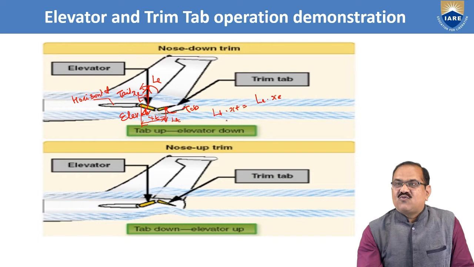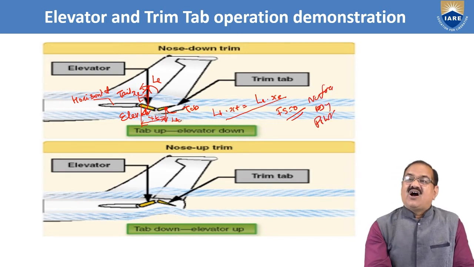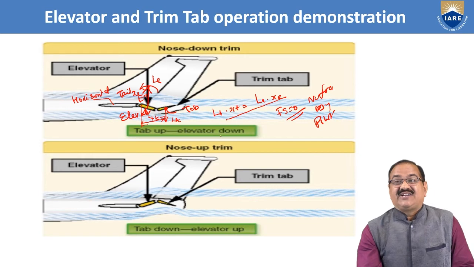So if they are equal, then Fs will be 0. The pilot need not apply any force. Okay, so that is the objective of the trim tab. Here the tab is up, so the elevator is down.